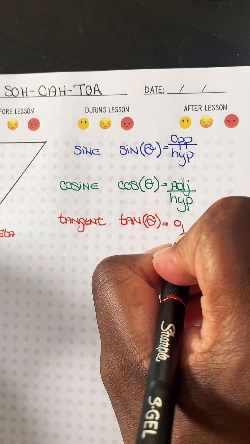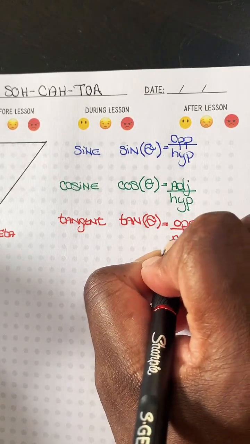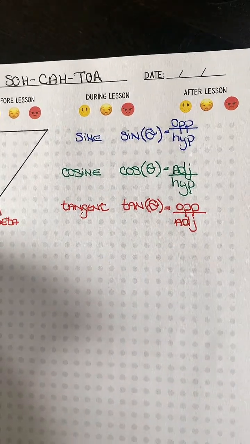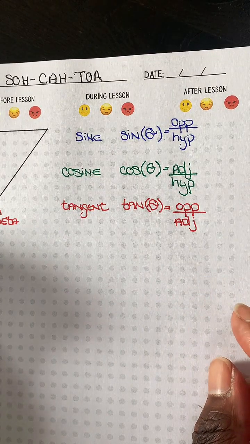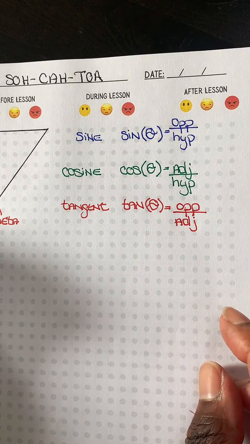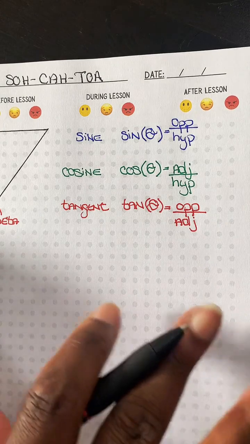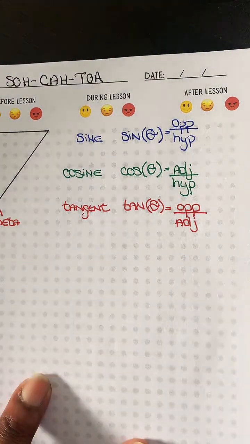So it's always the opposite over adjacent. So if you ever get a word problem and you notice the side that you're trying to find is your hypotenuse, that means you're going for tangent. You're using tangent to solve it. All right? So we're going to focus on these three for today. Okay? Nothing too crazy.